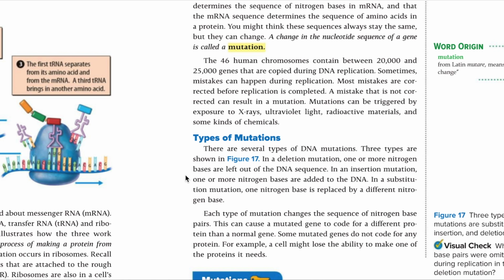If one of those cells happens to be mutated and is just made wrong, sometimes those cells just die off and go away because they can't function. But if it can still function as a cell, it can keep making more copies of itself and keep going through mitosis. And that is cancer.